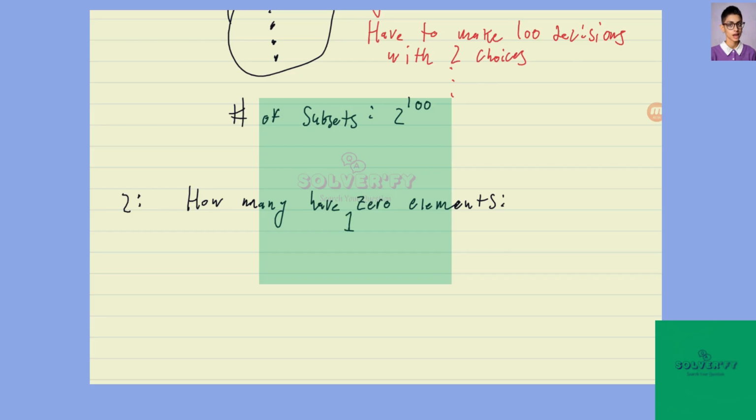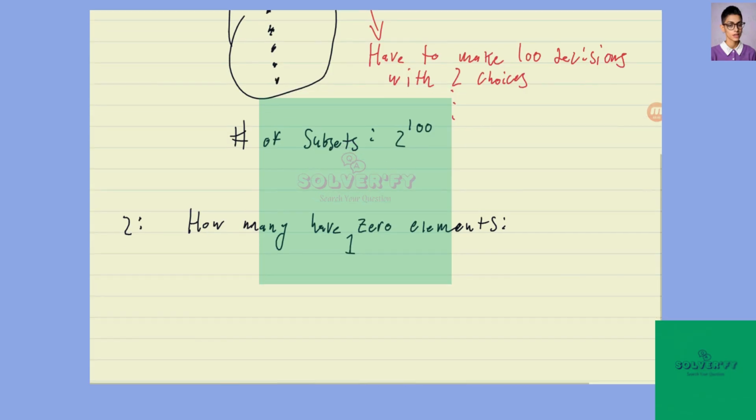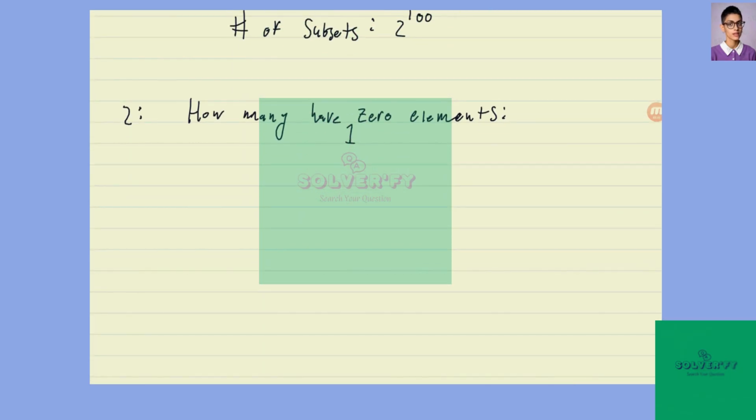It's always possible to say, well, a subset of this set with 100 elements is nothing. So we have one set with 0 elements, and then we'd have 100 sets with 1 element.